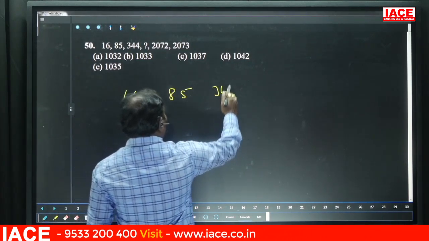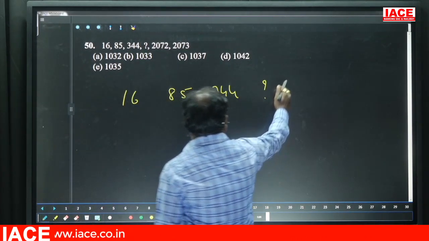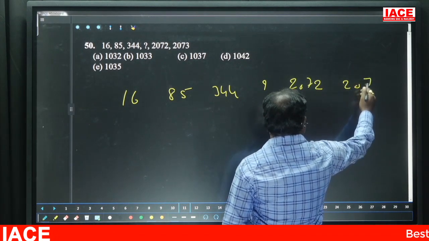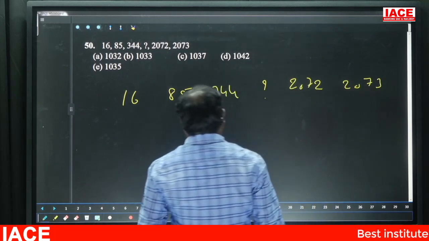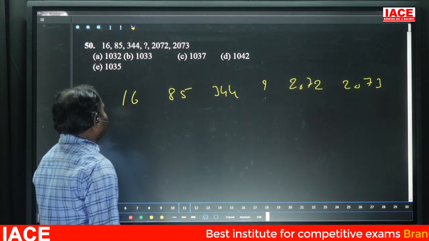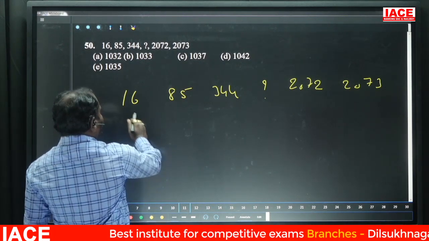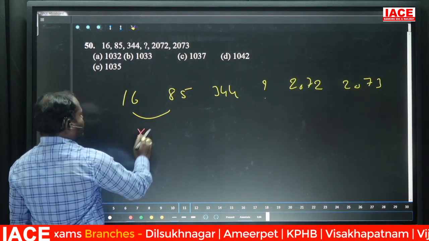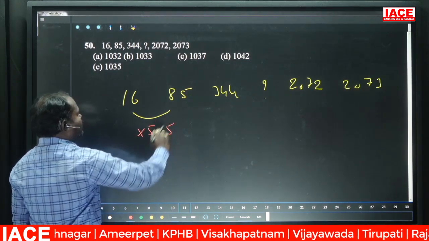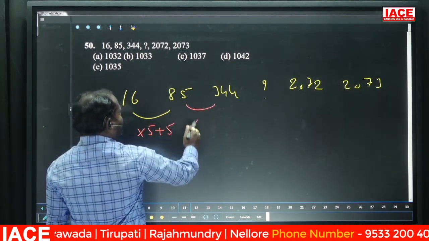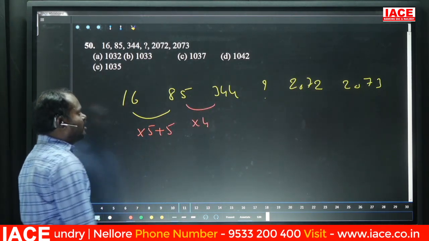1685, 344, 2072, 2073. Here if you observe the difference, can I write this as into 5 plus 5? Because 16 5 is 80 plus 5, 85. 85 into 4 is 320 plus 23, 340 plus 4.